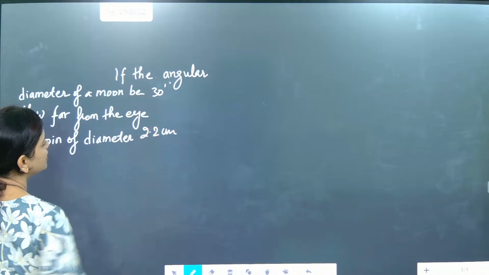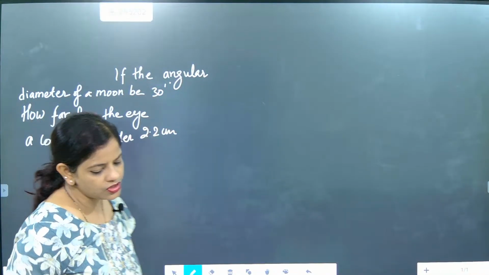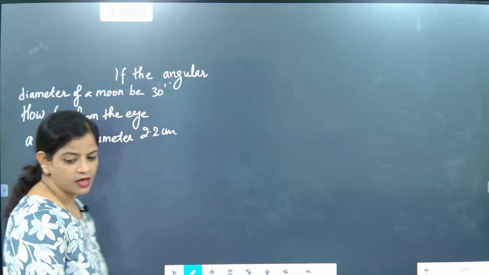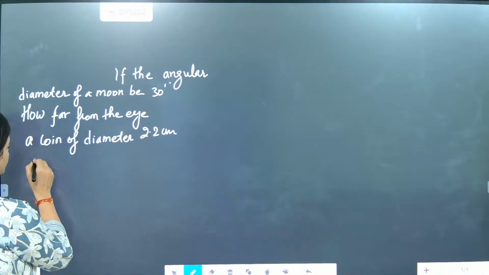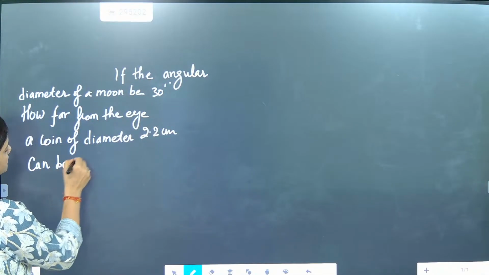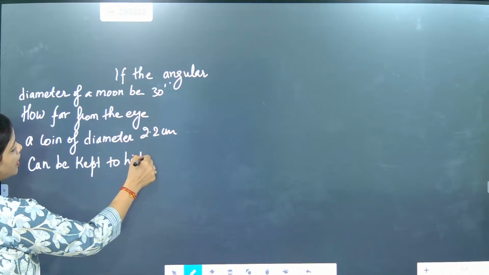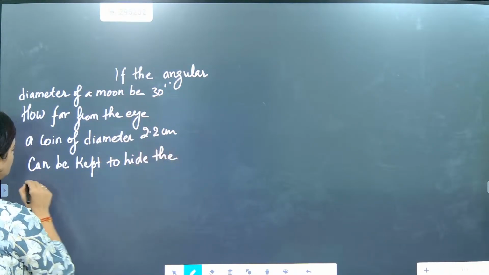What is the diameter of the coin? 2.2 centimeter. Okay?